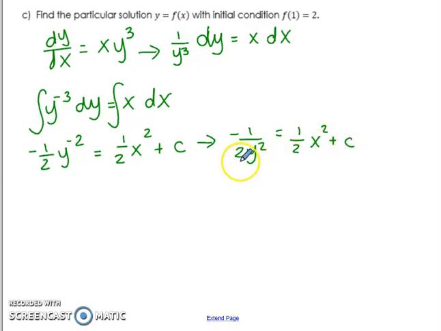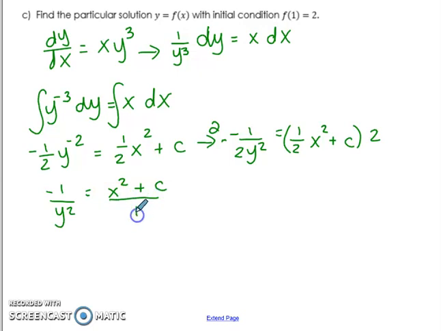Okay, so what I'm going to do from here is multiply both sides by 2 to get rid of this 2 in the bottom. So multiply by 2, multiply by 2. So I'm going to get negative 1 over y squared is equal to x squared plus c. So even though I'm multiplying c times 2, it's still a constant, so c.